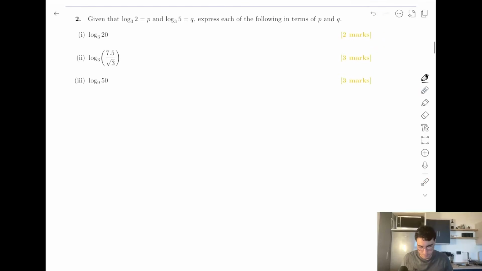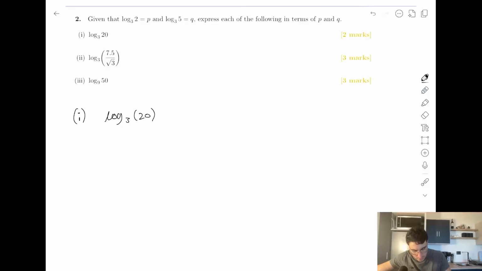So we're told that given that log 3 of 2 is equal to P, and log 3 of 5 is equal to Q, express each of the following in terms of P and Q. So log 3 of 320, okay, we know that the bases are the same here. Okay, great. That works.